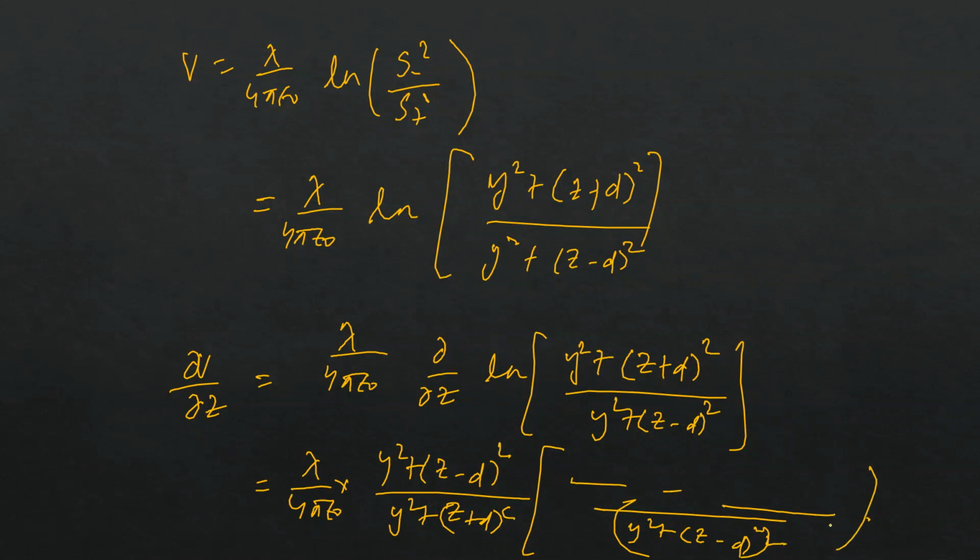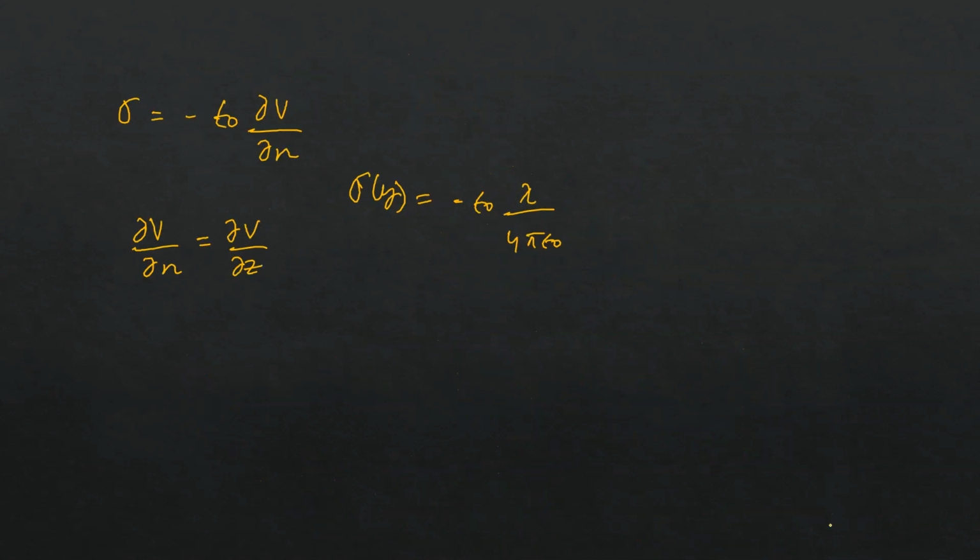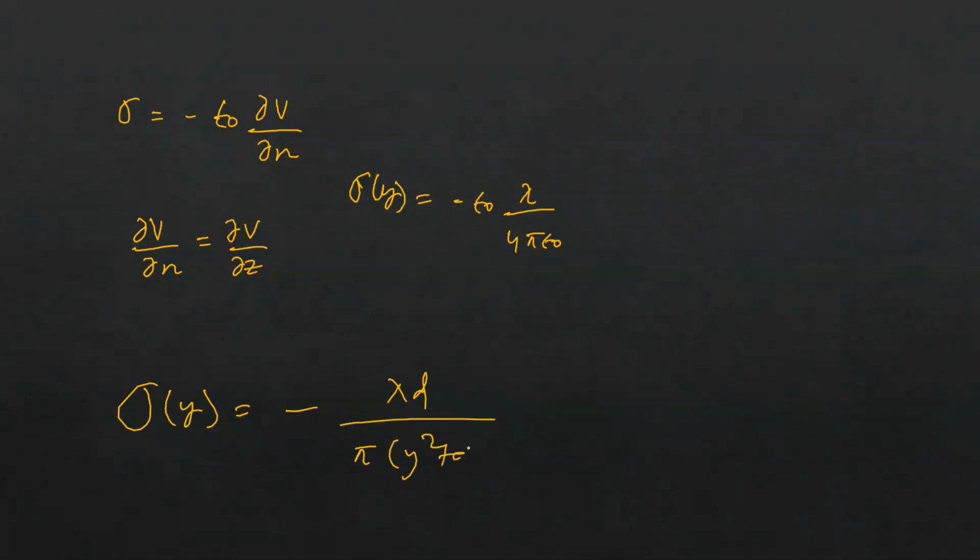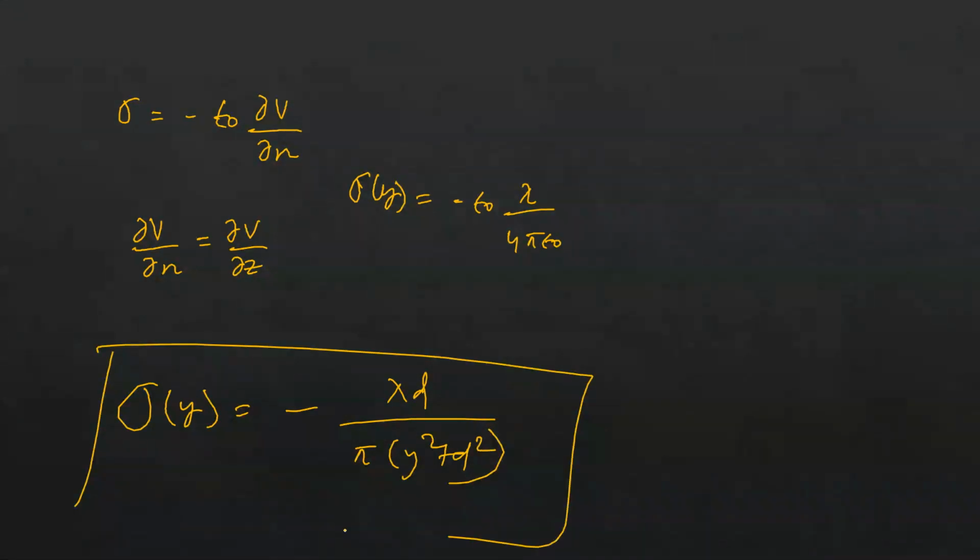I think you can calculate all this. After calculating all this, you will get sigma is equal to minus lambda d by pi into y square plus d square. I'm leaving this up to you to calculate. I just gave you the idea. So I hope you can calculate this.